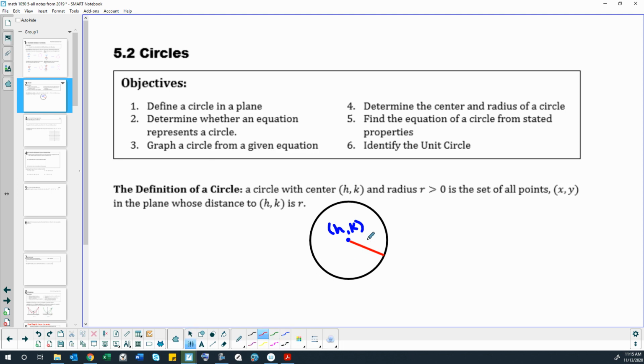So the radius is from the center of the circle to a point on the circle. So we have infinitely many points around a center that are that same distance r from the center. So a circle is the set of all points in the plane whose distance to the center is length r. So that's a consistent length no matter what point you go to on the circle.